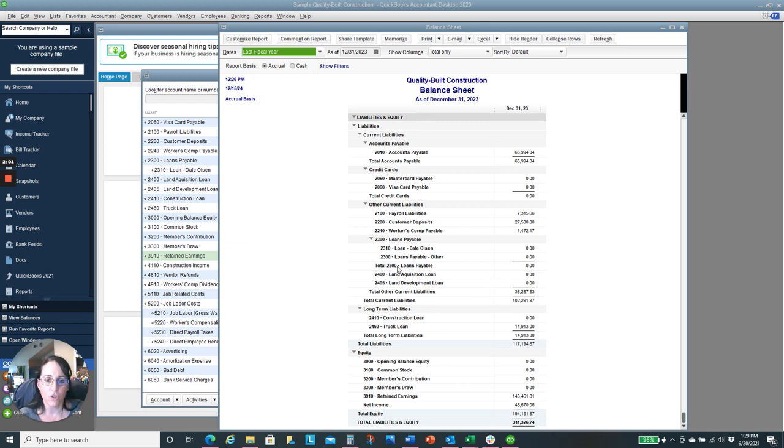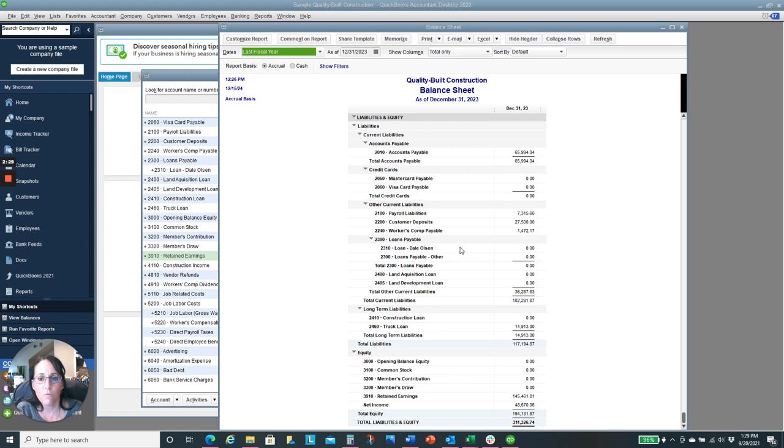These all show as zeros, but this is where your loans payable are going to go. Loans payable are also known as, I call them notes payable. It's just an accounting term that I grew up learning, and some systems call them different things, but when I say note payable, it means loans payable. This is where you would have your loans if you owed somebody money.